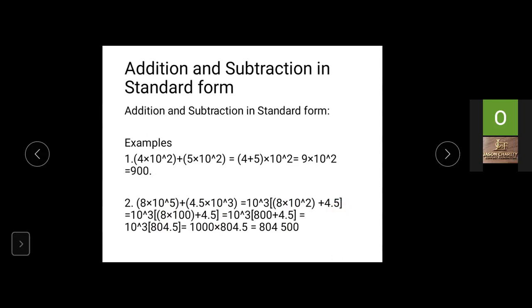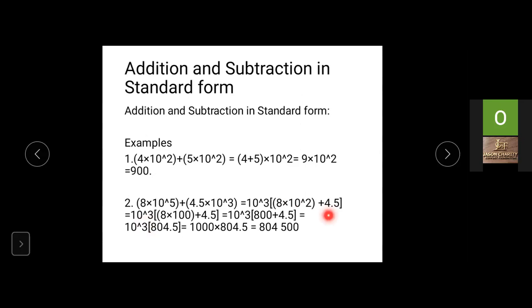Adding up, we have 10 raised to the power of 3 into a bigger bracket, then 8 times 10 raised to the power of 2 from the first term, plus, don't forget your addition sign, there is a link between the two terms, which is addition, plus 4.5 from the second term. 8 times 10 raised to the power of 2 is 8 times 100.